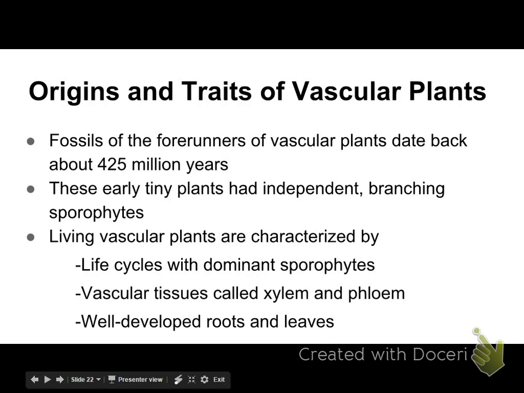Origins and traits of vascular plants. The fossils of the forerunners of vascular plants date back about 425 million years, and these early tiny plants had independent branching sporophytes. Living vascular plants are characterized by life cycles with dominant sporophytes, vascular tissues called xylem and phloem, and well-developed roots and leaves.